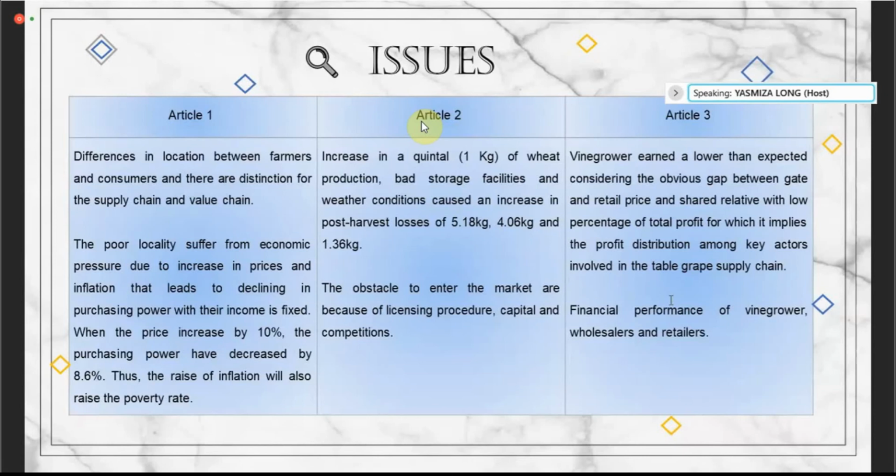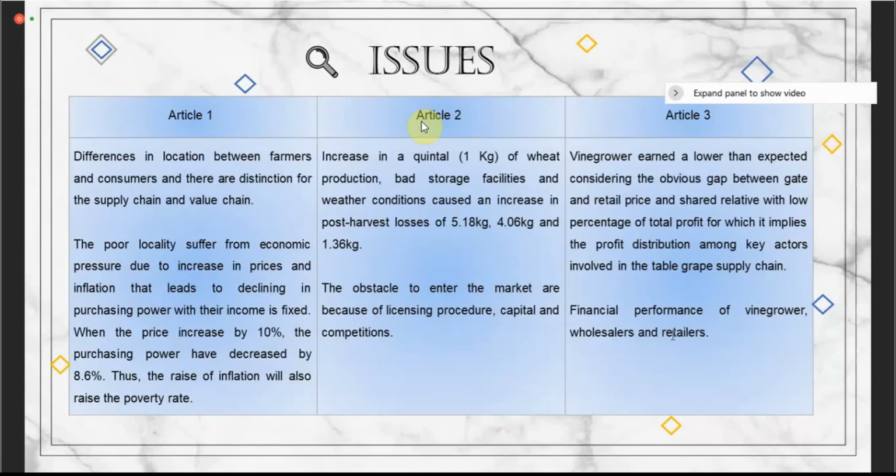What effect? Okay. What is the issue that arises? What issue normally arises? Okay. That means we can conclude that from the three articles, the issue that arises is first of all the distribution of profit, isn't it? Distribution of profit and share.